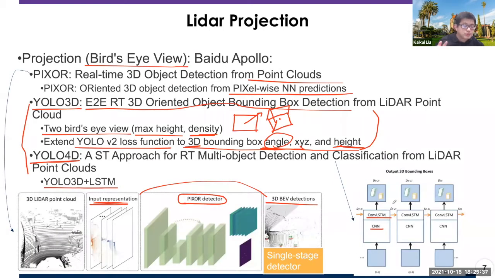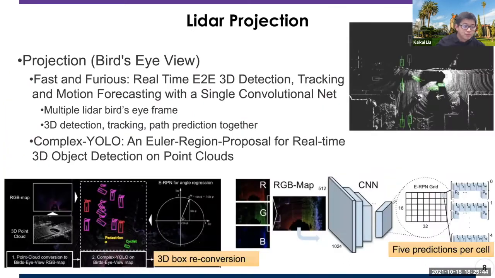Okay, any other questions for these three solutions? And we have more. For bird's eye view, we have lots of solutions. This solution is also very interesting, called Fast and Furious. It is also bird's eye view 3D detection, but they combine 3D detection, tracking, and motion forecasting together.